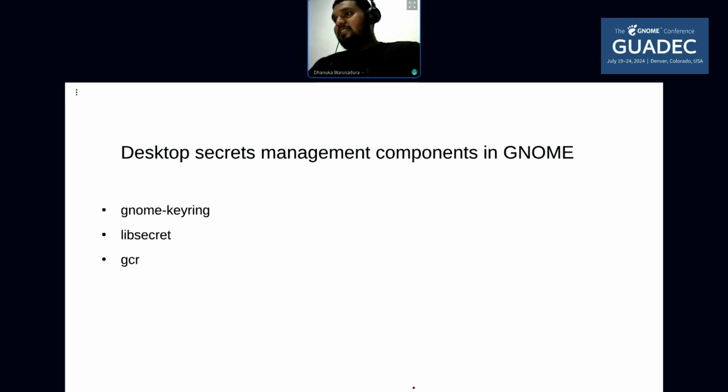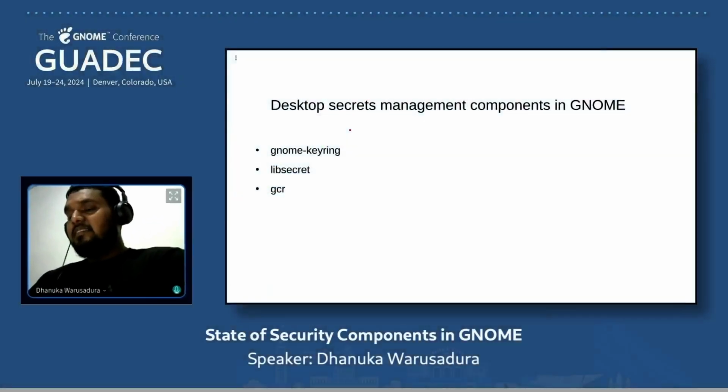The important thing to note is these three components also manage the current infrastructure to manage desktop credentials in the GNOME desktop environment. So before I continue with my talk, I would very much like to introduce you to these three components in case anyone doesn't know about them.